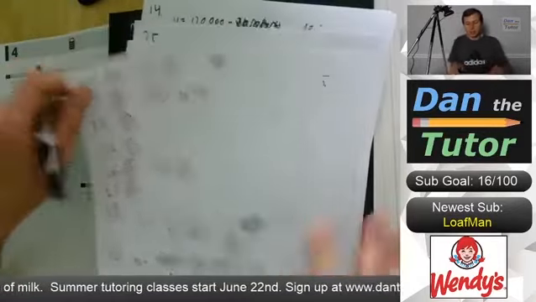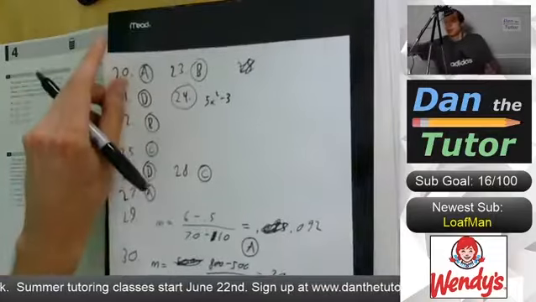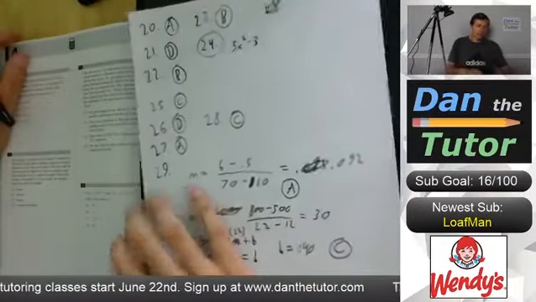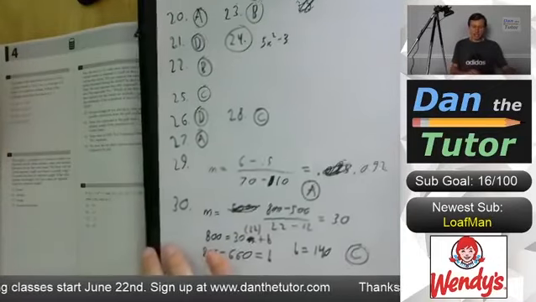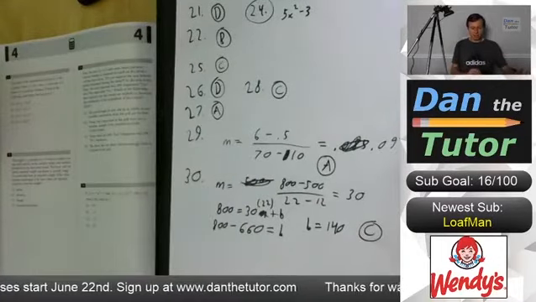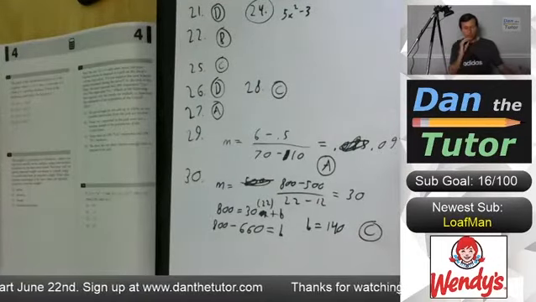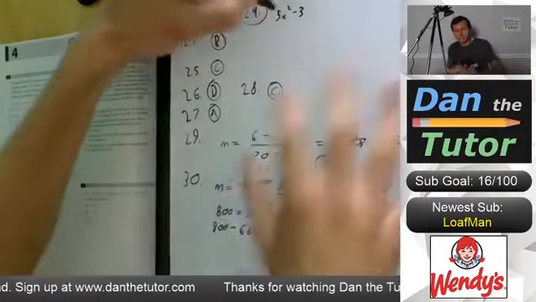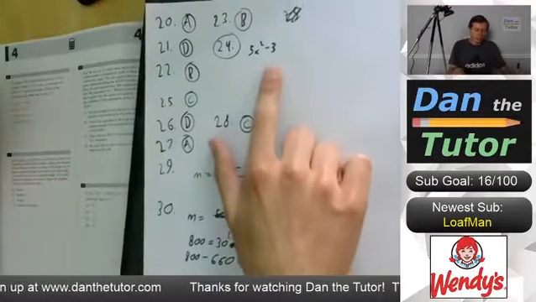Okay, let's think. Number 24, f of x plus a. Oh my god. So dumb. I'm so stupid. We have f of x equals 5x minus 3.